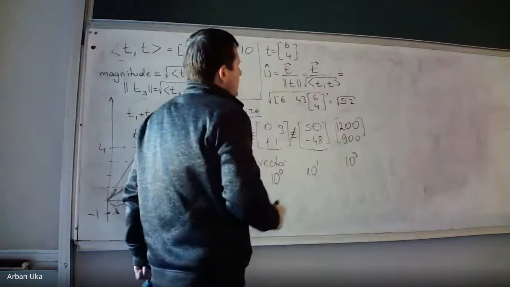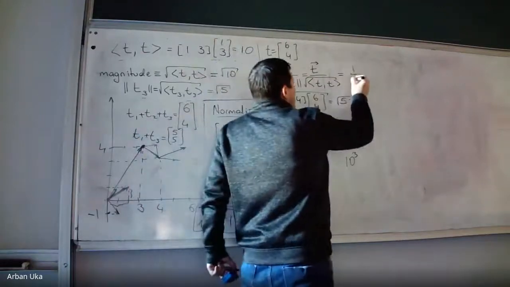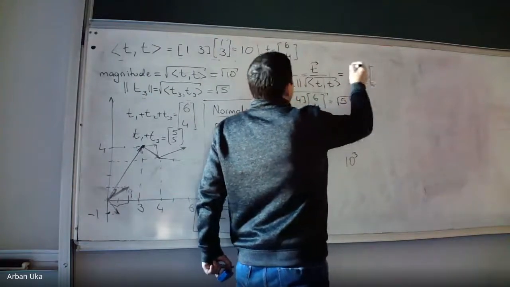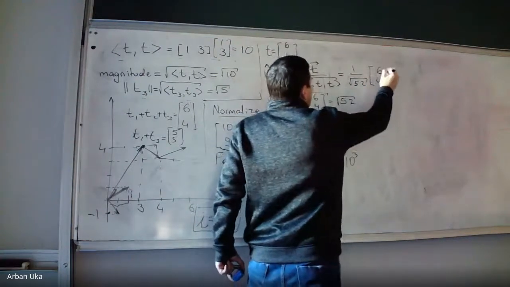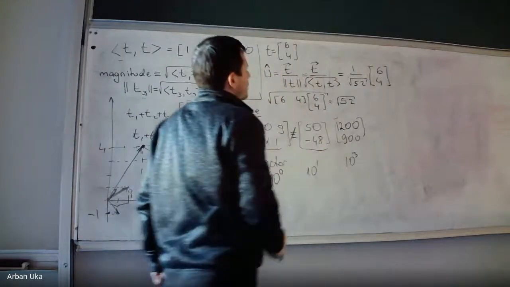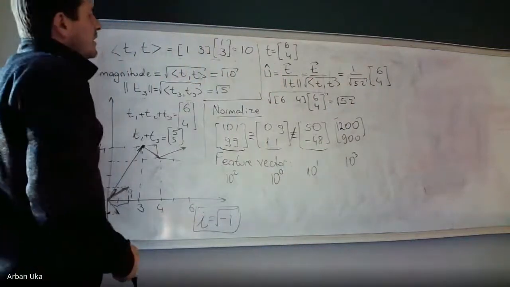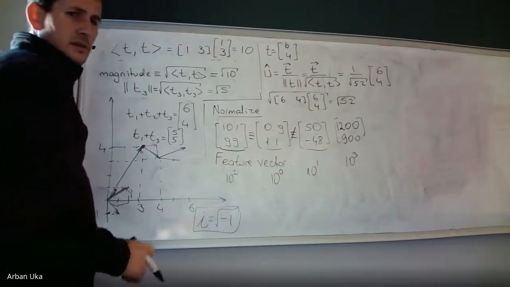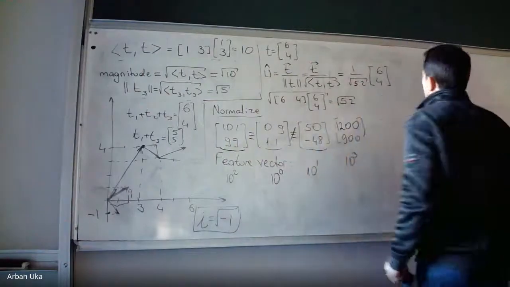So this is 1 over the square root of 52 times t. What is t? T is 6, 4. Can we simplify 52 further? Is it divisible by 4? 52 is 4 times 13, yes we can.